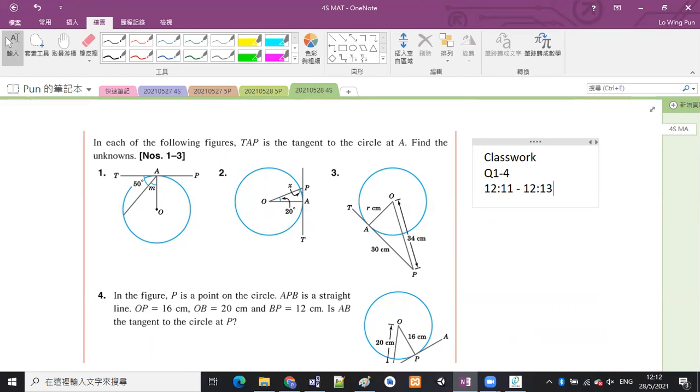Just write down the answers as quick as possible.